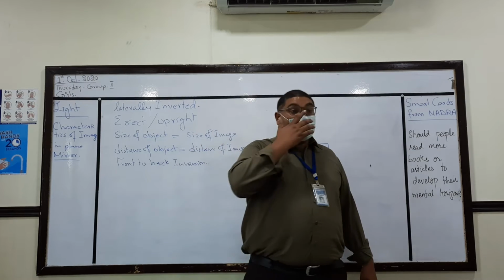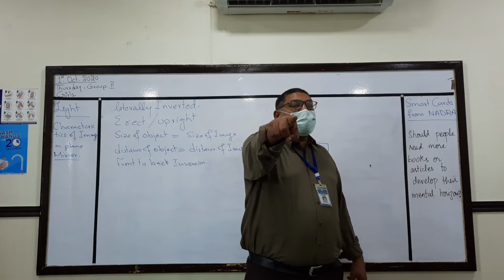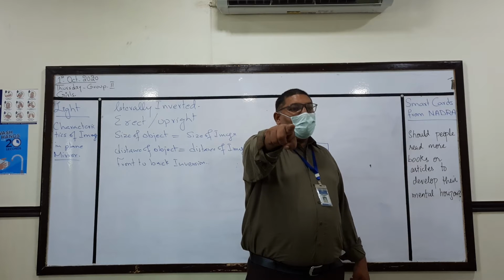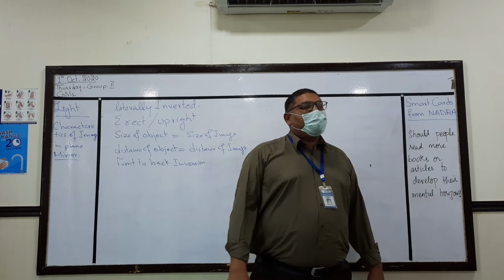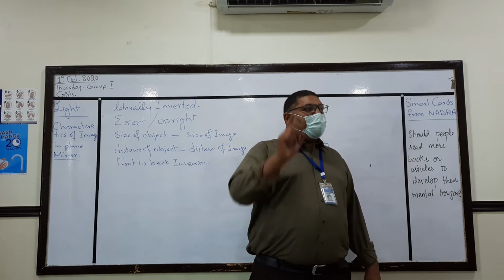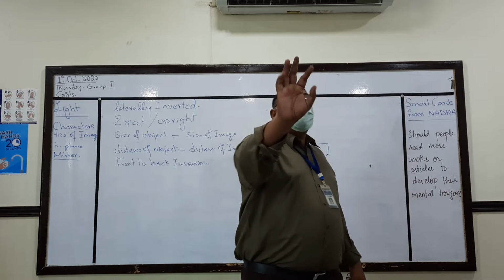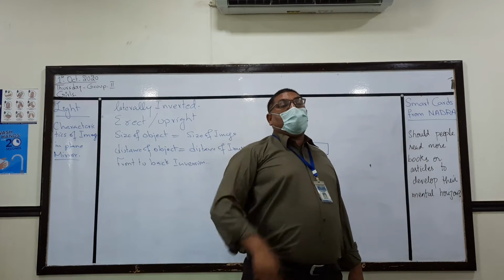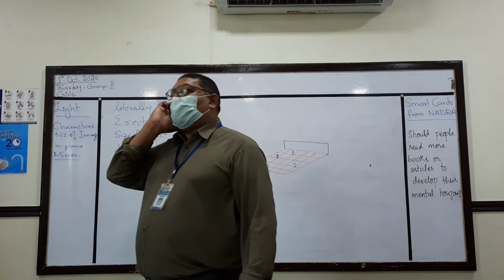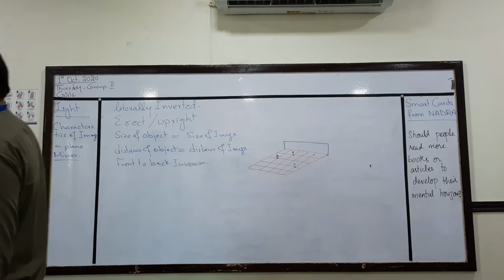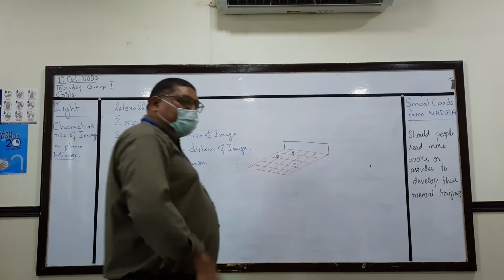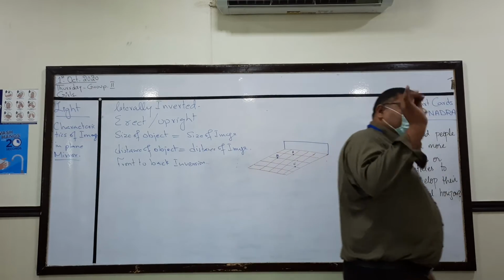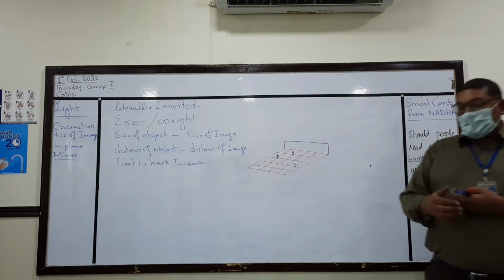I am the object. I point towards the mirror, and your image will point towards you. If you point that way, the image will point this way. This is called front to back inversion. Okay?